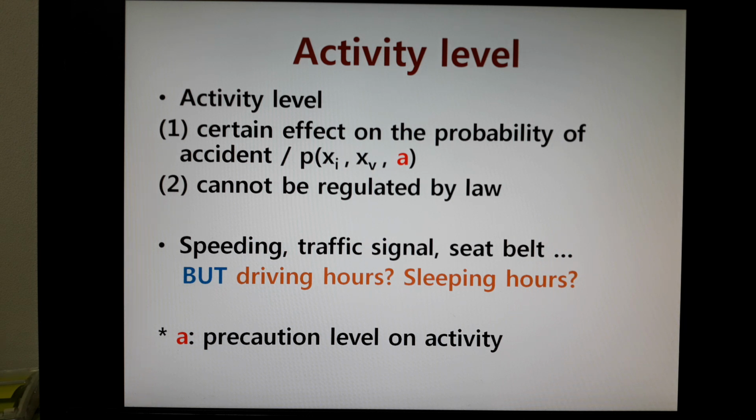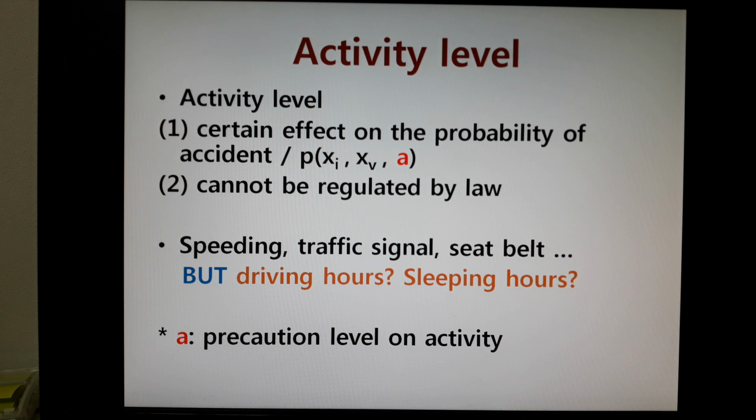Okay, summing up what we have done, we are considering strict liability and negligence. When the precaution level is required only for the injurer, or one party, then both are equally efficient, in the sense that both the strict liability and negligence rule make the injurer set the precaution level the same as the socially optimal level.